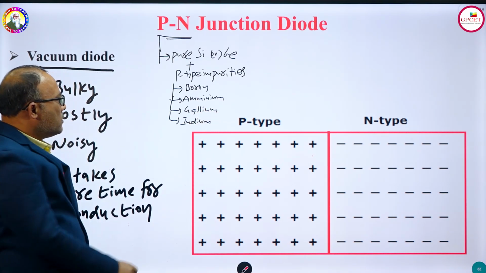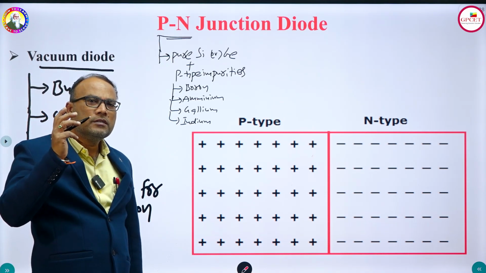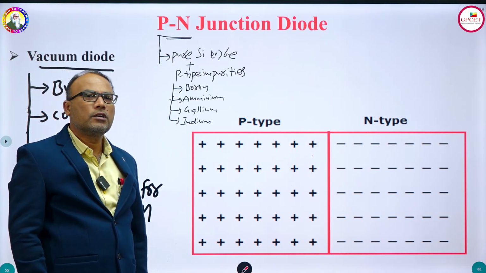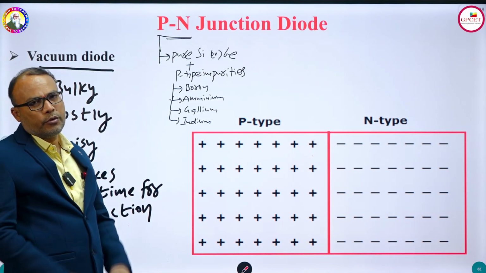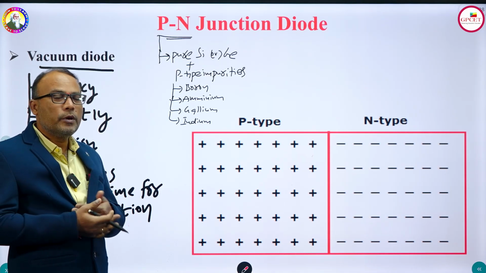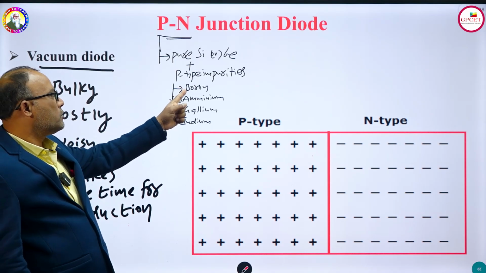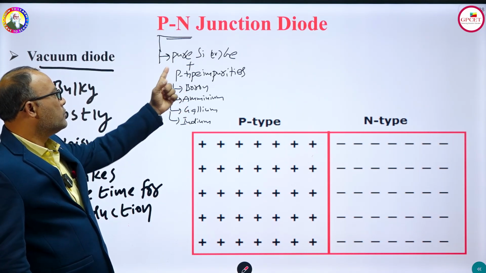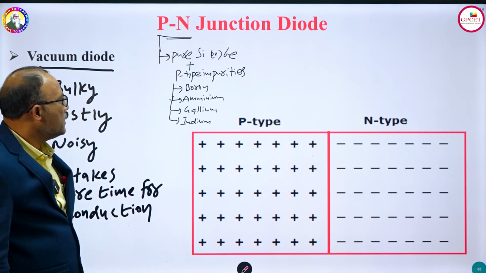These are the P-type impurities, where the outermost orbit contains only 3 electrons. So therefore, these are all called acceptor impurities. They will accept the electrons. So all third group elements are P-type impurities. So if you add any one of boron, aluminum, gallium or indium to this pure silicon crystal, it will form a P-type semiconductor, right?